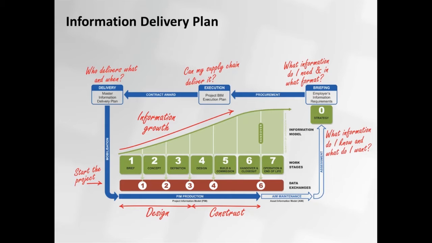So what are the expected levels of information that we mature as we go on from one stage to the next. And also it mandates and defines what is the contractual information at specific exchange points, that are the data drops that we've discussed in the past. 1, 2, 6.